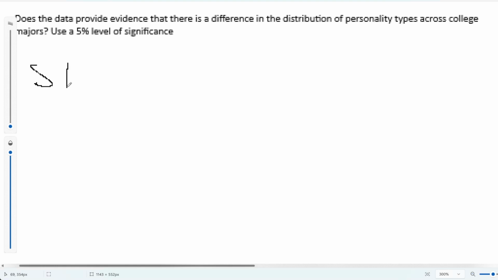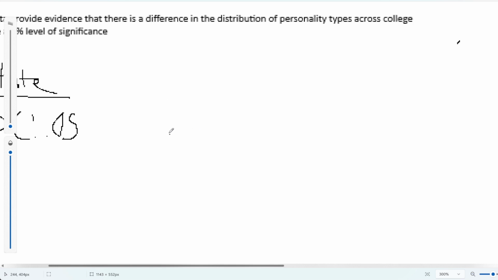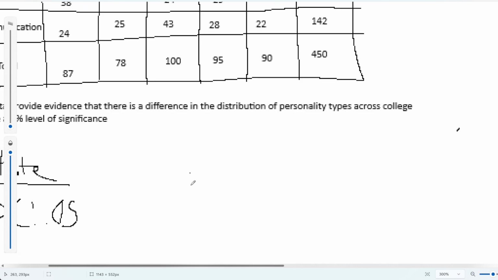We'll be starting with our state. Of course, we have to mention our 5% significance level, which is alpha equals 0.05. And we don't need to redraw the table, all the information is right here.